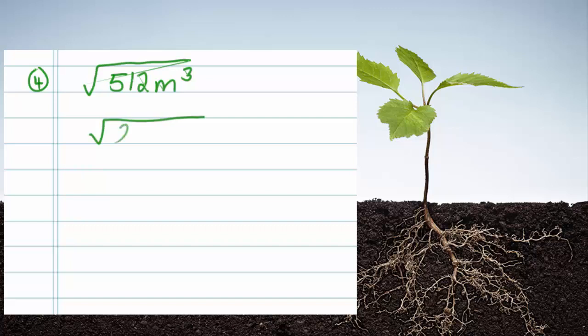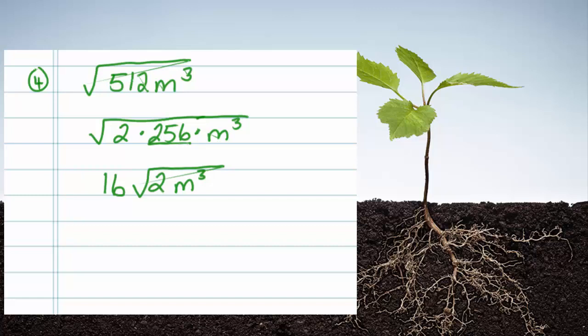That will give me the square root of 2 times 256 times m to the third power. Now I see right away that my 256 is a perfect square. That's 16. So if I take the square root of 256, that's going to pop a 16 in front of my radical. And that will leave inside the square root 2 m to the third power.